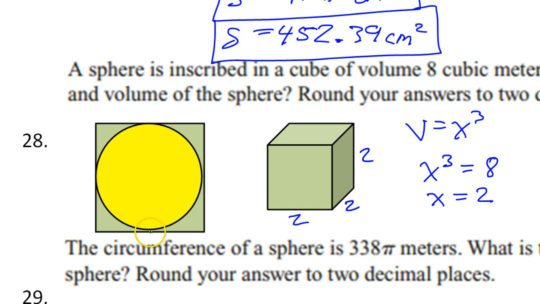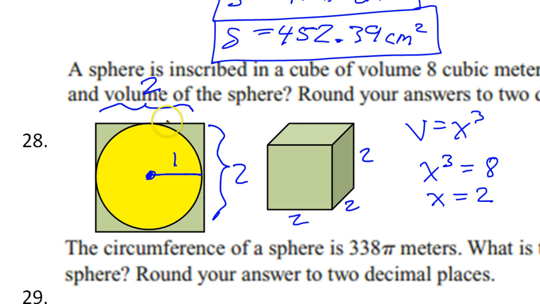Okay? Now, looking back at my little schematic here with my sphere inside of the cube, remember the length of this whole side of the box is 2. All right, it's 2 by 2. So think about my sphere in there. What's the radius of my sphere going to be?